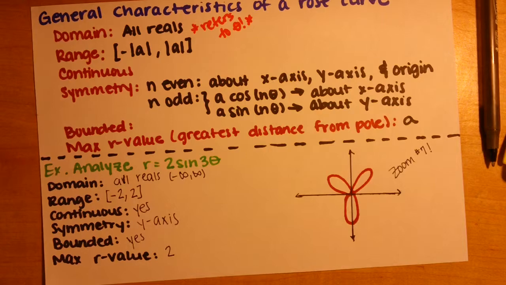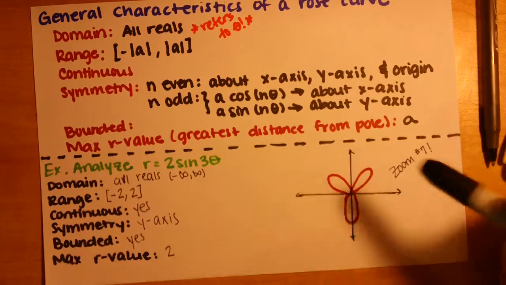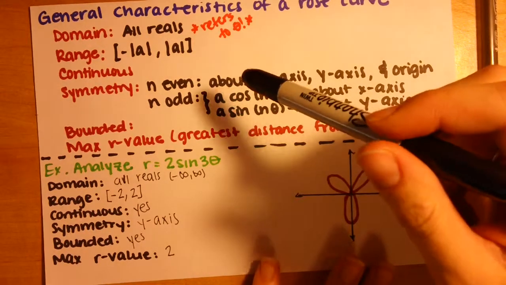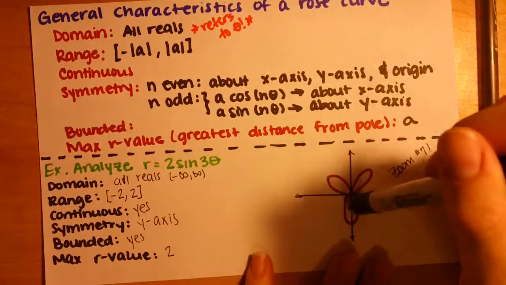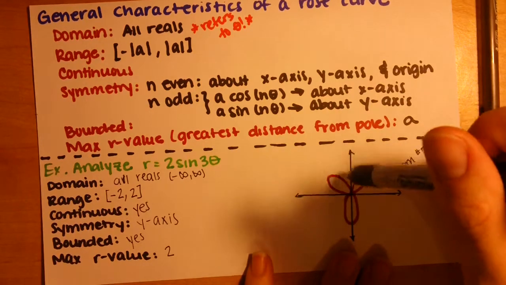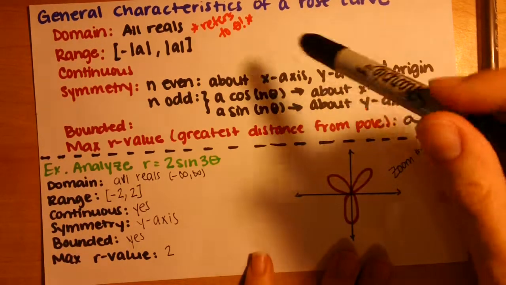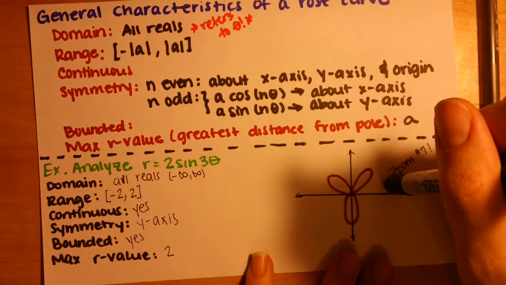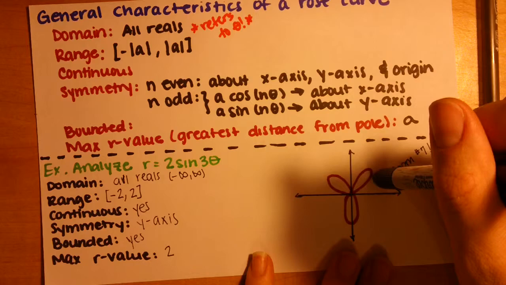Alright? So for this one we can see that since n is odd, it's reflected over the y-axis, and it'll match up.